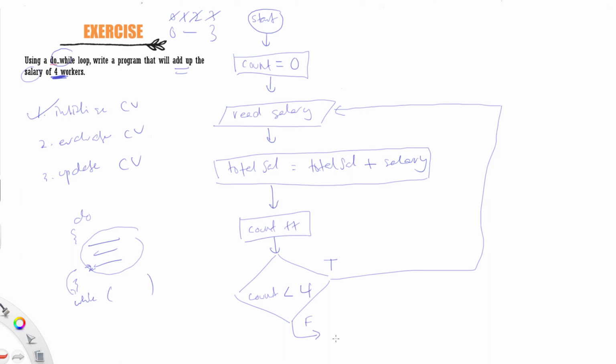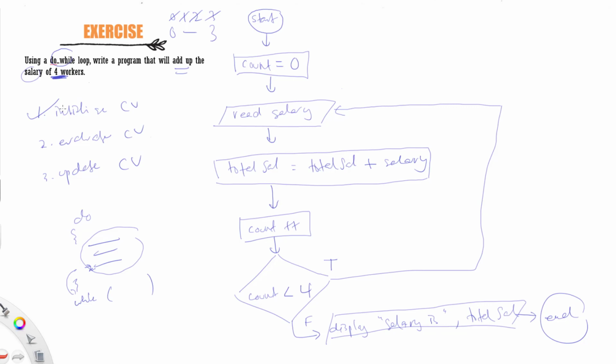If it's false, then we can just stop the loop and display our salary. So we do display total salary is, which we will get from the total salary. That is our output. In the end, that's the end.